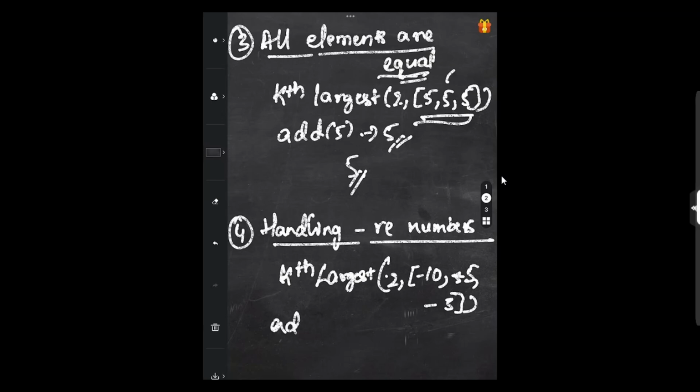Yeah, this is fine. So let's add -1 here. Add of -1 I'm considering. Now the output has to be -5, the second element.